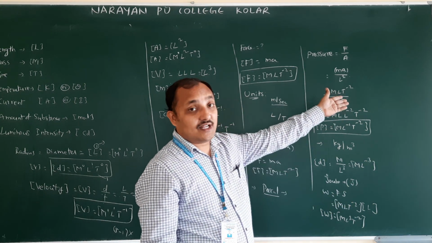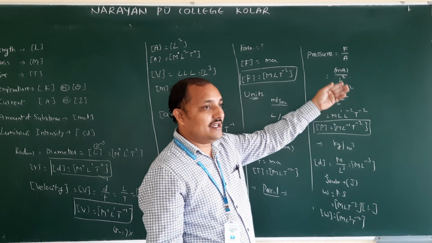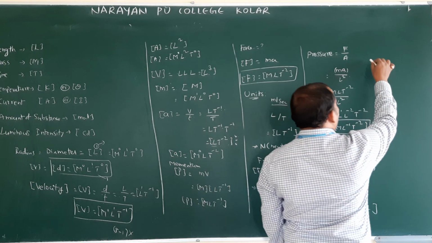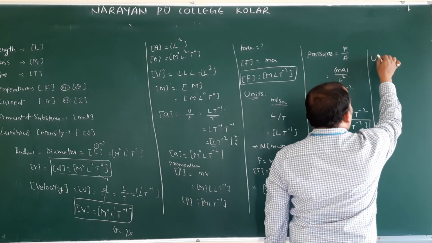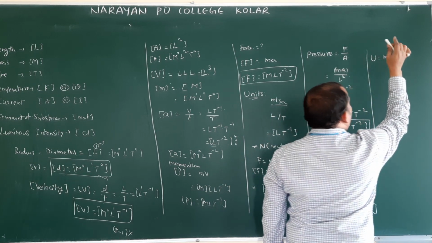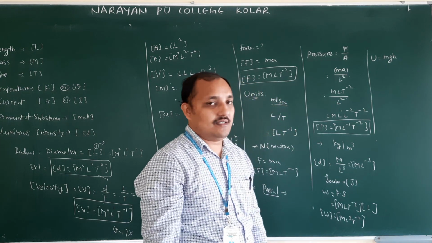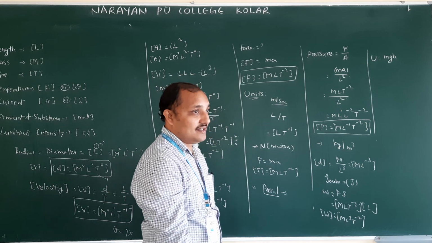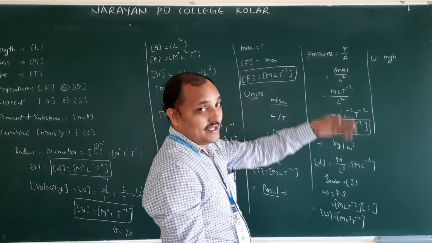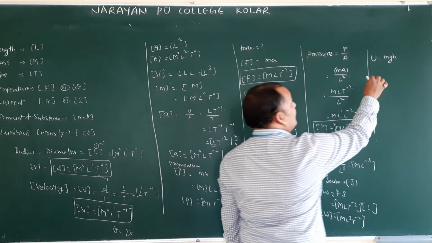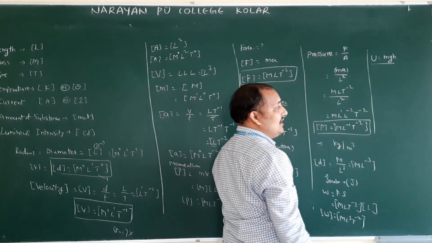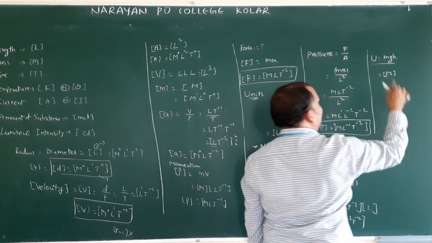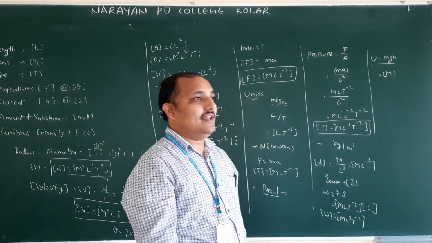Another, the last dimension formula, for energy. Energy means potential energy or kinetic energy. What is the equation for potential energy? It is denoted with U. U is equal to mgh. Why? Because those relations we are going to use in the next topic, that is dimensional analysis and its applications. So U is equal to mgh. Mass, capital M. G, what is small g there?